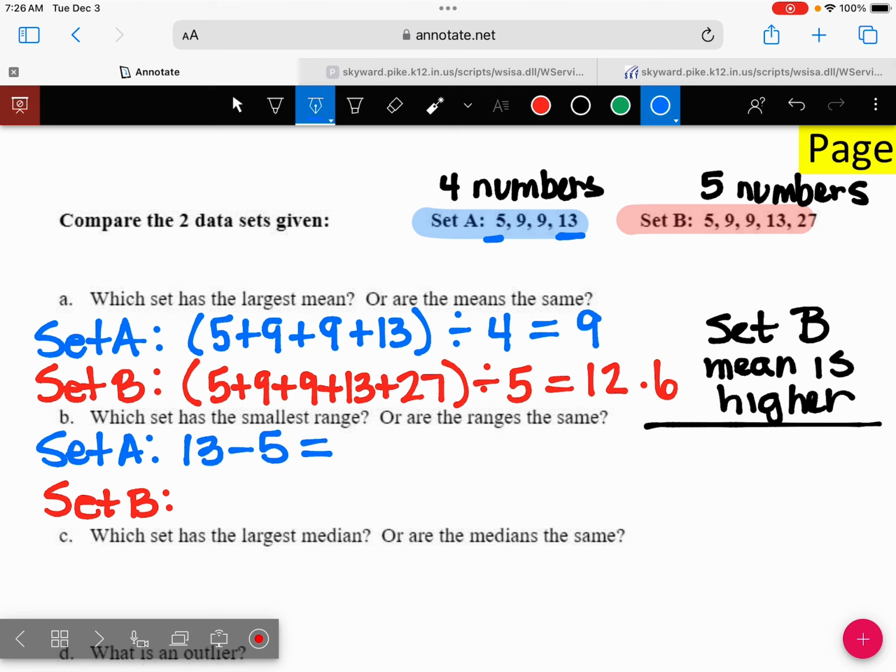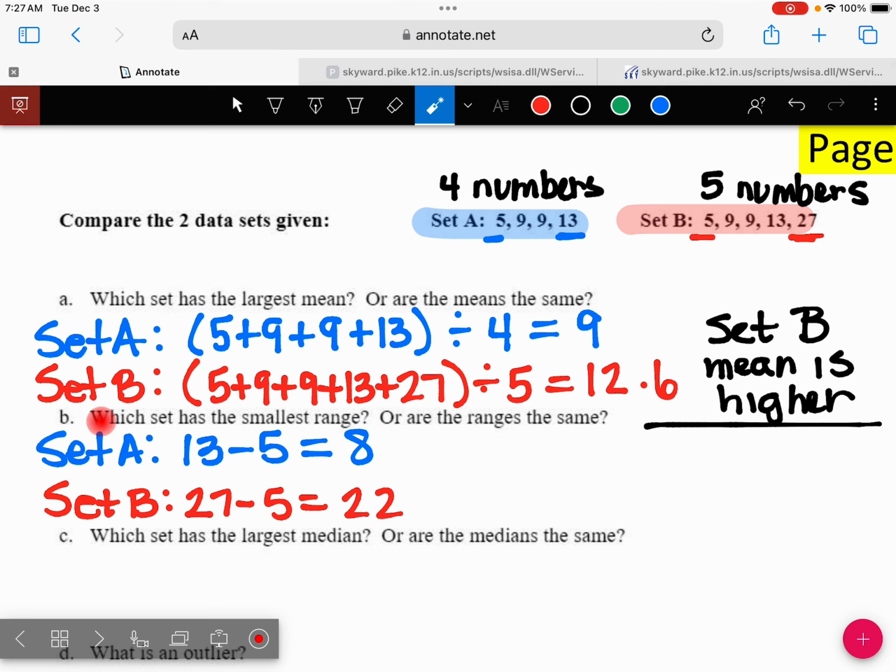And what did you get for the range of set A? What is 13 minus 5? 8. Good, thank you. All right, now let's do set B. The highest number in set B is 27 and the smallest is 5. So to find our range, we're going to take 27 minus 5. And that gives you 22.